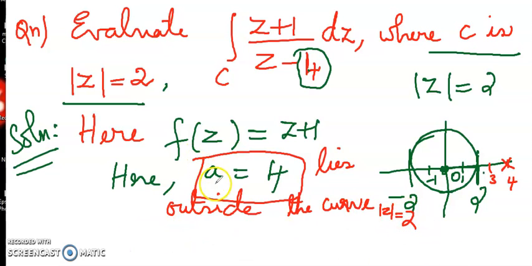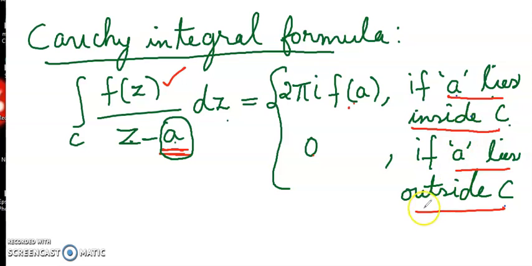So we know if it is inside, it will be some point here, right? But 4 is outside the curve, and when a lies outside, what will be the integral value? Integral value 0.